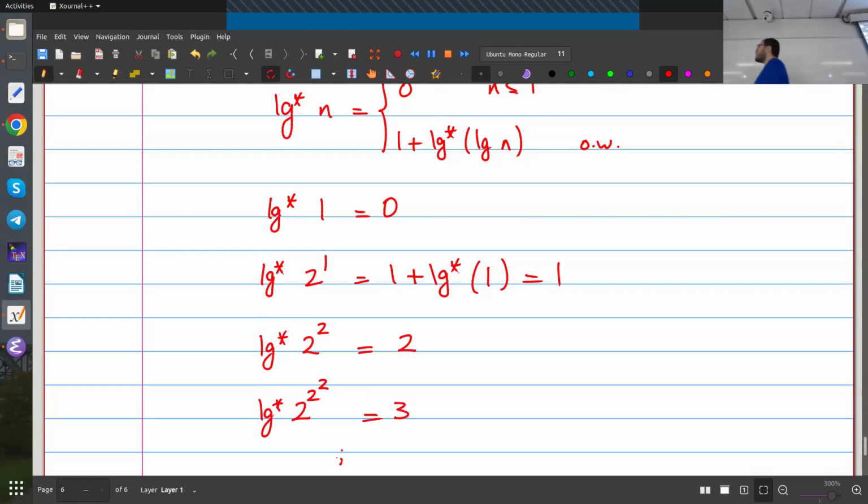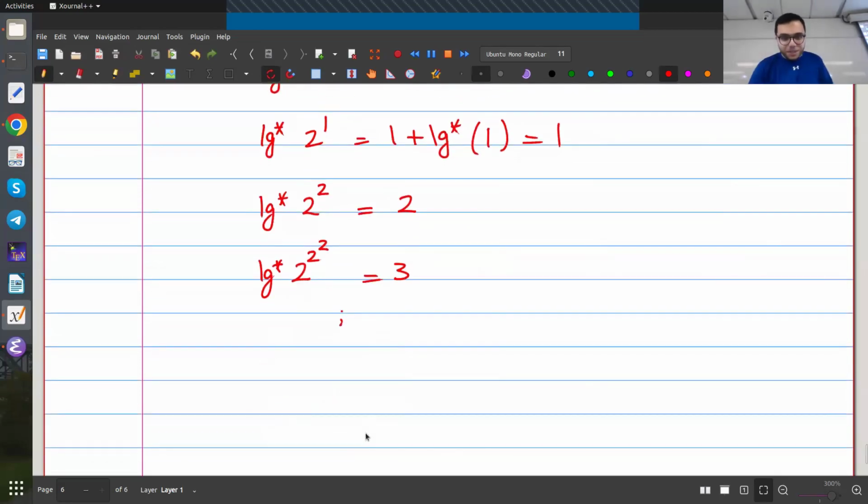Okay, so another way of looking at this is that I have a tower of exponentials, and the log star of my number is the number of 2's in this tower of exponentials. So if I have the log star of 2 to the power of 2, so on, and this is k times, then that's k.